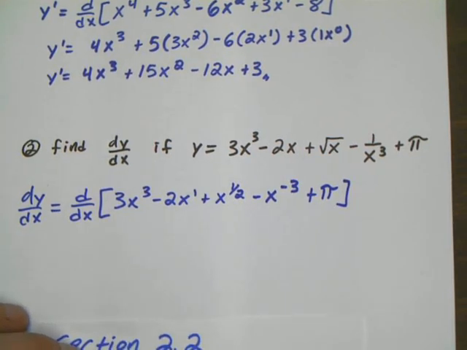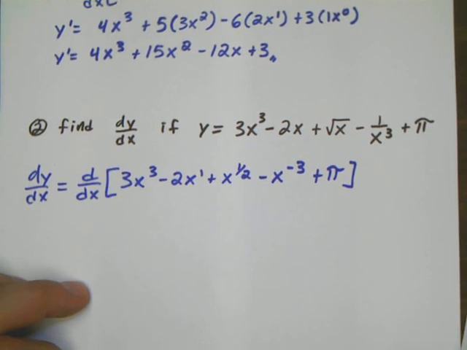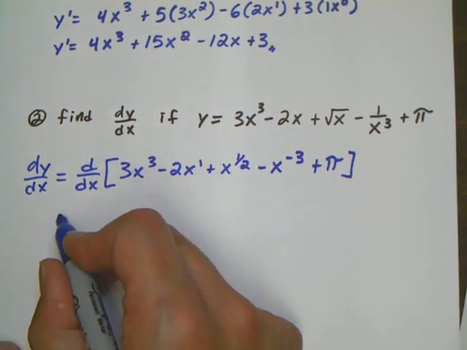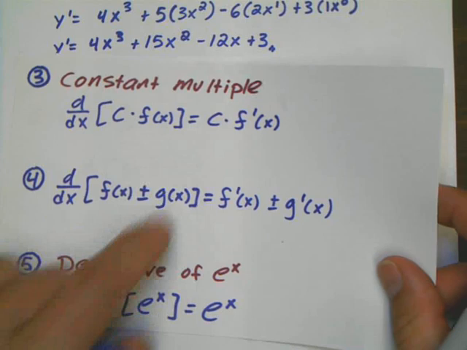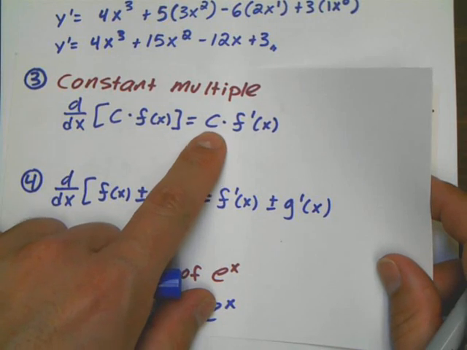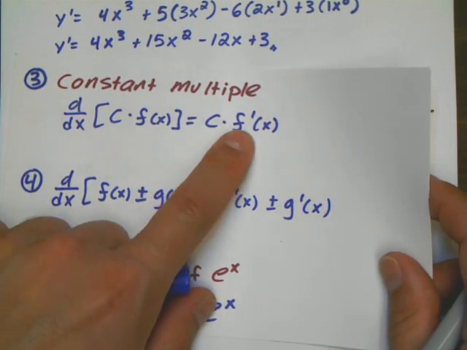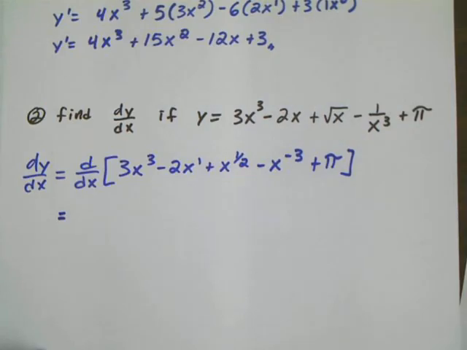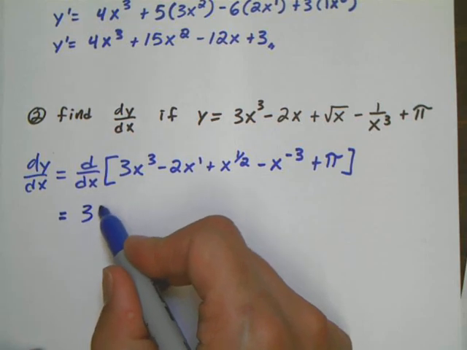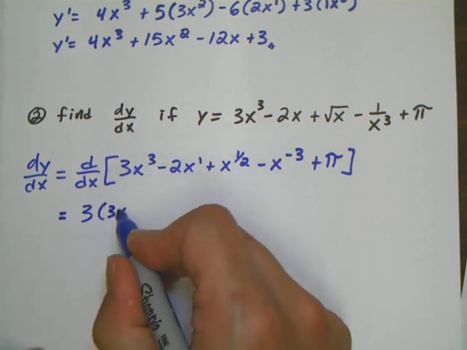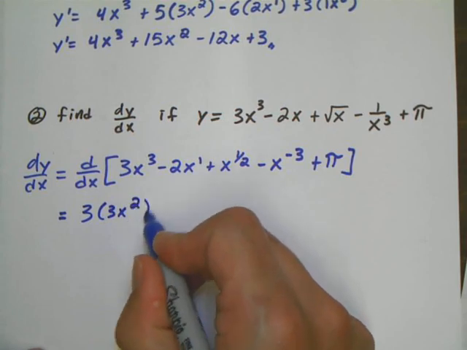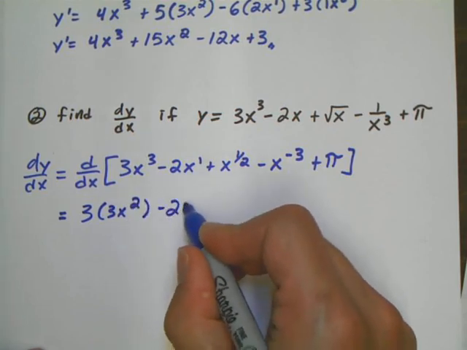Now I'm going to go ahead and take the derivative term by term. Again, the constant multiple rule says I can multiply whatever constant is in front times the derivative. So this is going to be 3 times the derivative of this, which is 3x to the second, minus 2.